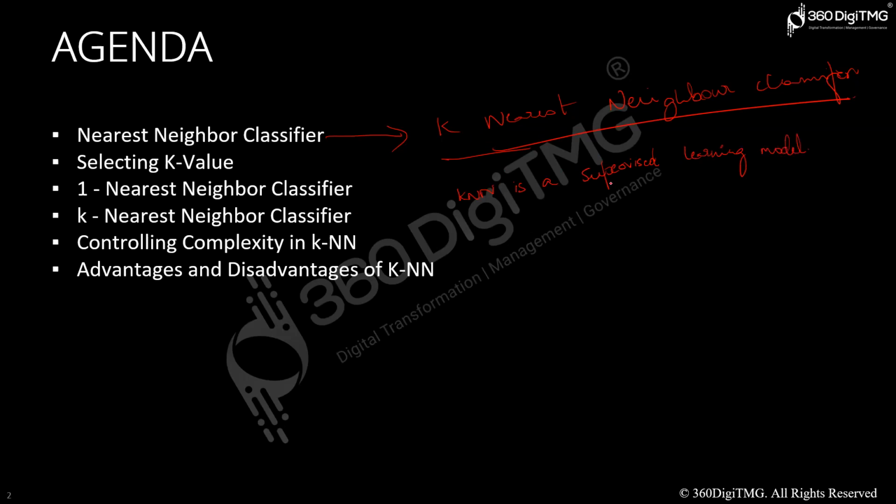So if it is supervised, it is already defined that Y is known. In supervised learning, we have two types: we have classification, we have regression.